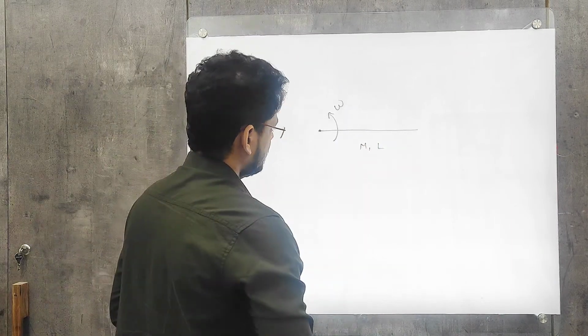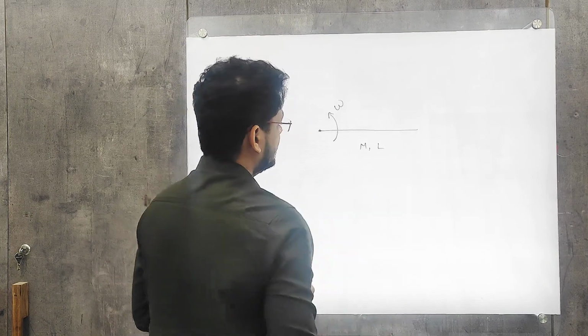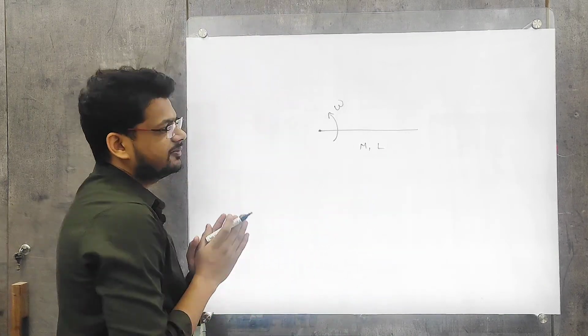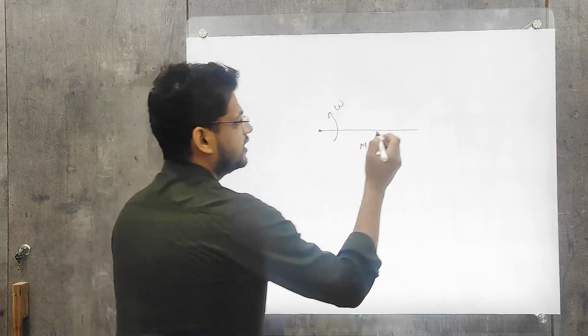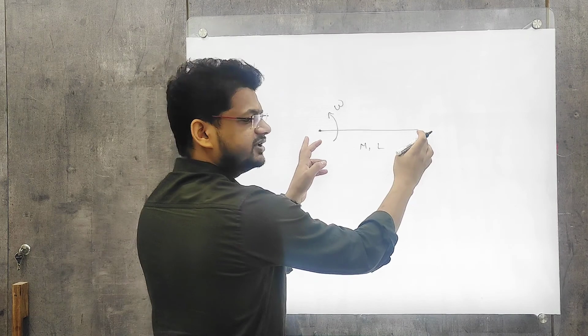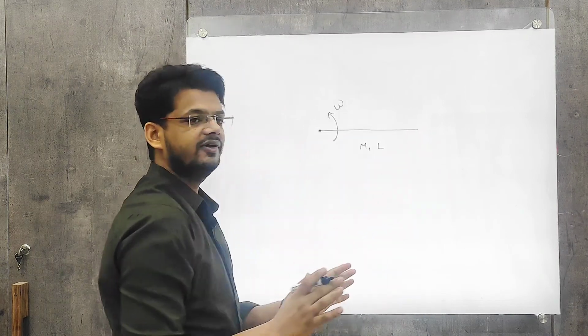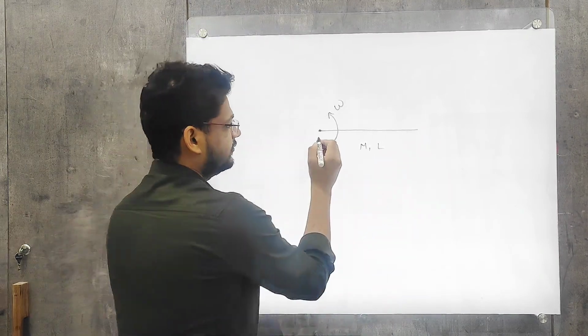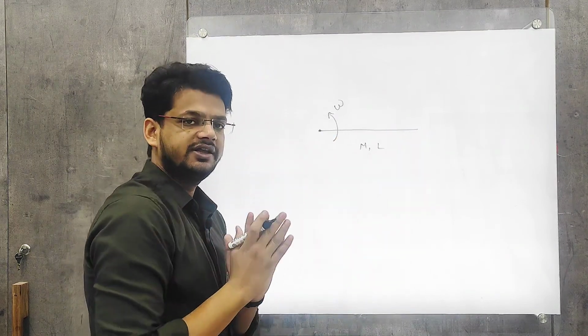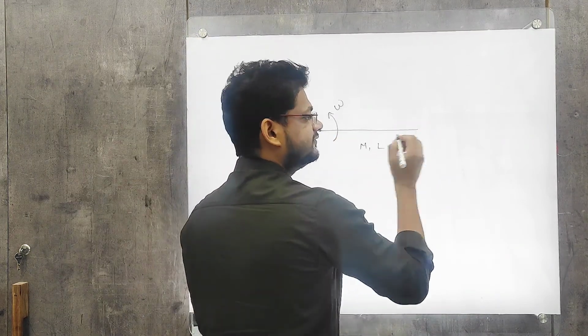Now, the first point which must come to your mind is, at this moment how many points are there in the rod? The points are infinite. Like for example 1, 2, 3, 4, and infinite points are there. Each point is moving with a different velocity.